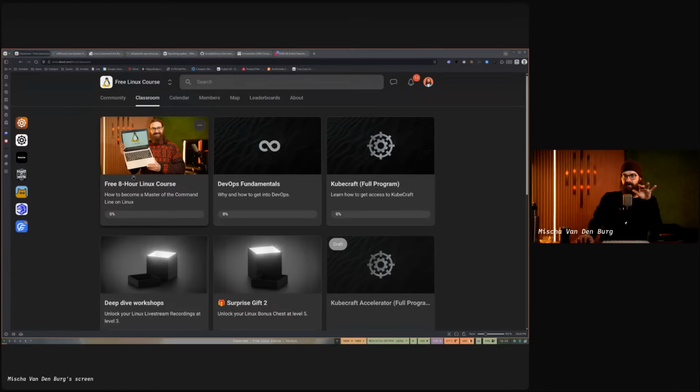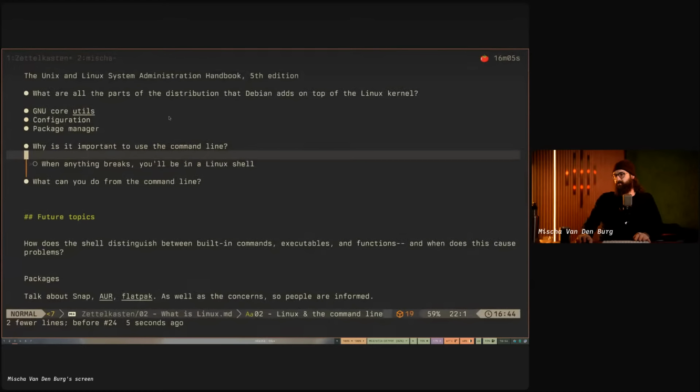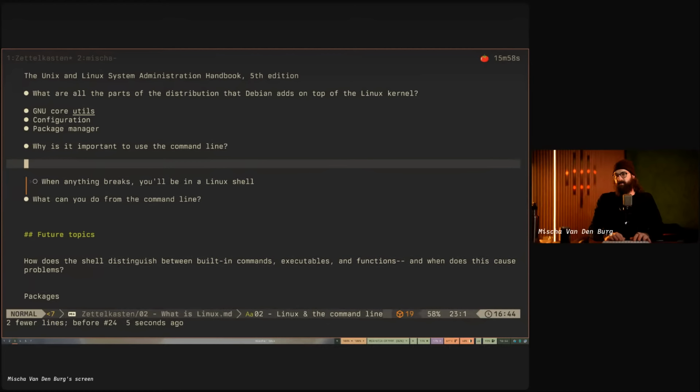I didn't want the title to be too intimidating for beginners, but secretly what I'm teaching you is to use the command line, and how to do that properly, like someone who was properly taught Linux, like I was taught. And there are several reasons why that is so important.